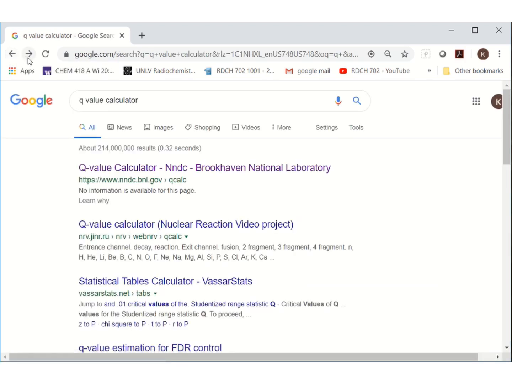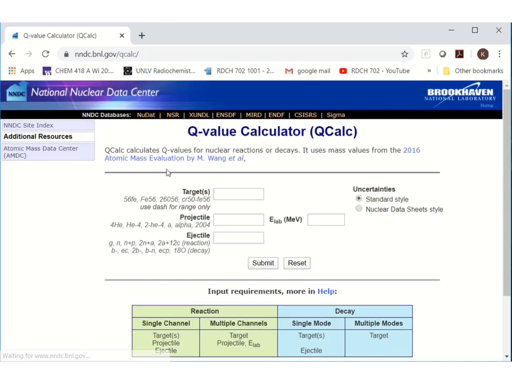Okay, so we can go back. One thing about the Brookhaven calculator is that if I went to bismuth-212 and wanted to add an ejectile, a decay, I can list all these types of decays, which are shown here.